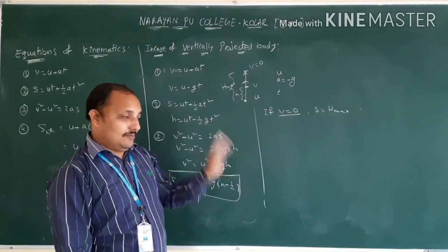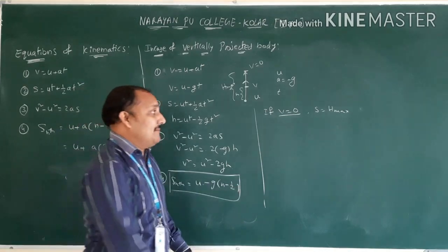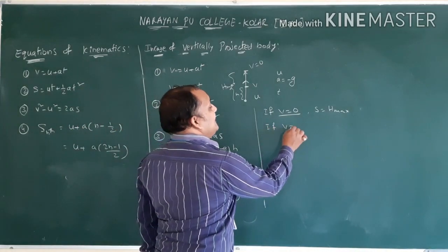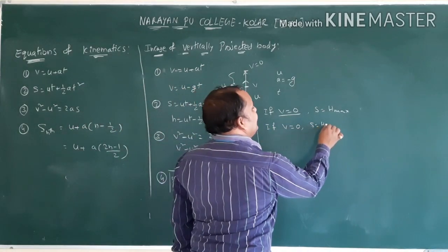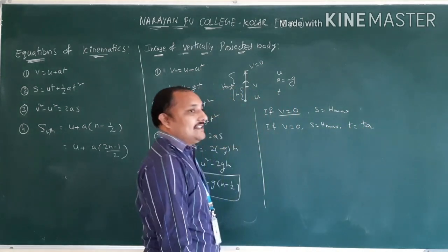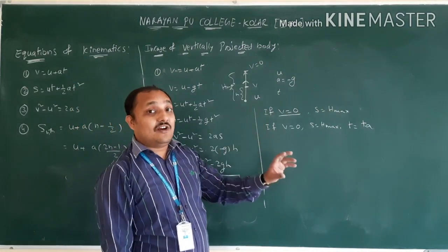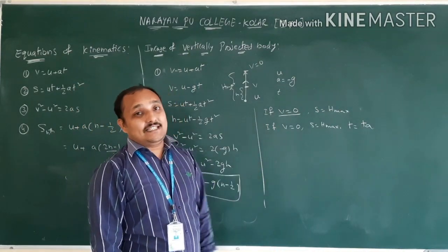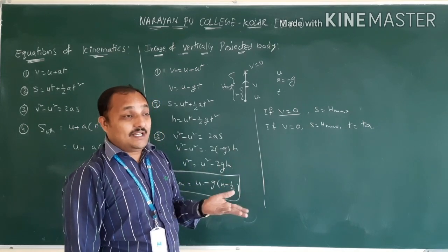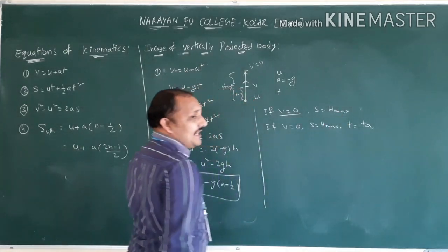Now how much time is it taking to reach maximum height? If v is equal to 0, it is reaching maximum height. So the time we will write is time of ascent. Time of ascent means the time taken by the object to reach the maximum height. These two we can find.